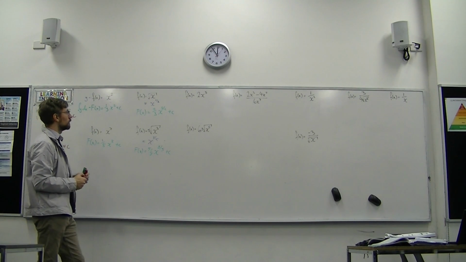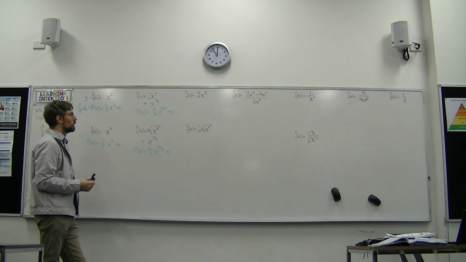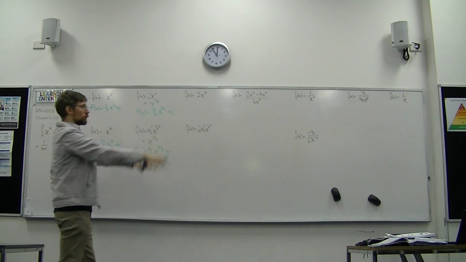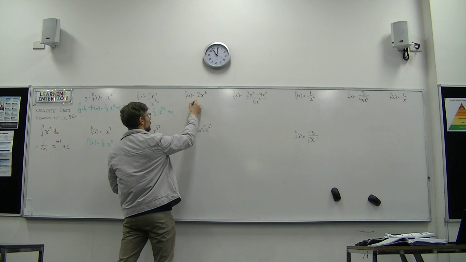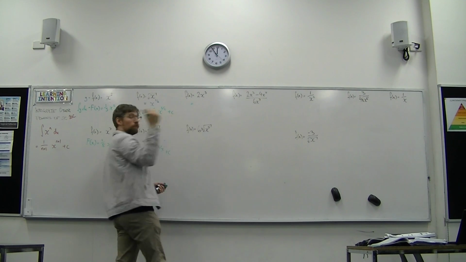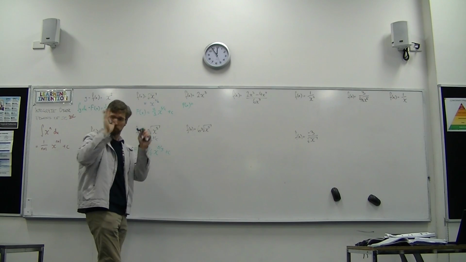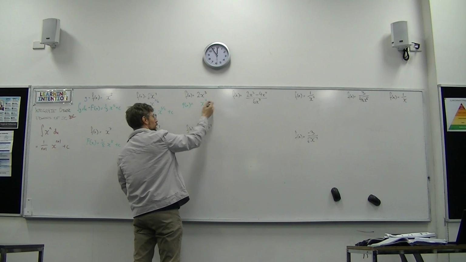Cool. Next one, anyone want to tell me? Just integrating. Say again. Just integrating. Yeah, just integrating. All of this we're just integrating. X to the 4 plus C. Half x. Okay, so you've done multiple steps at once. Okay, cool, that's fine. So we have that would go up.